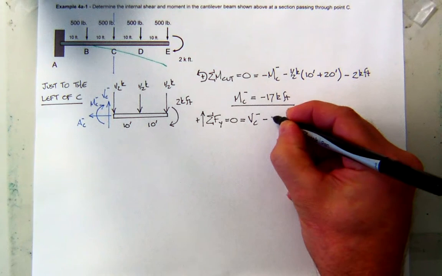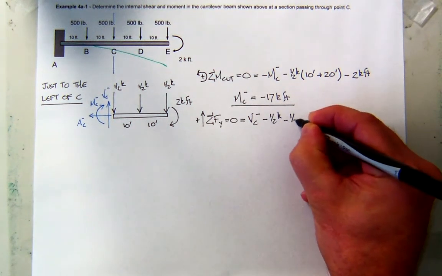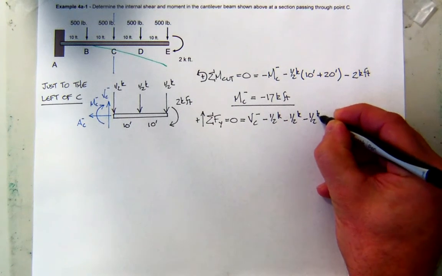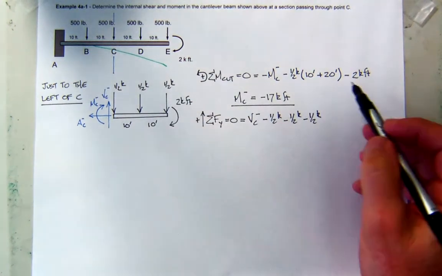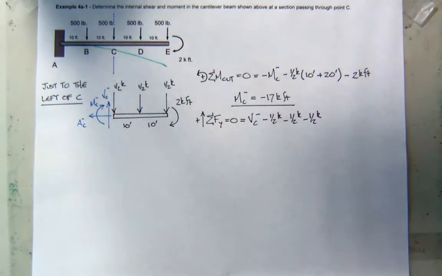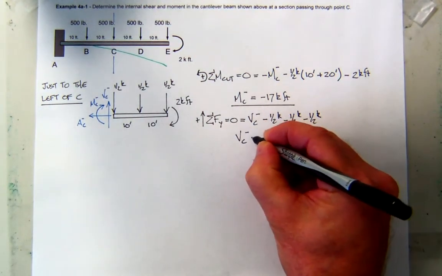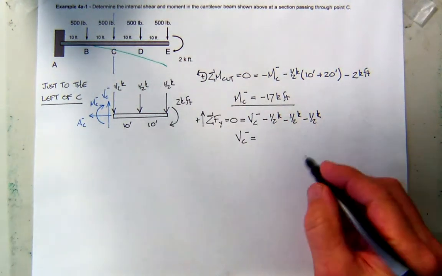So I'll say minus 1/2, minus 1/2, minus 1/2. I could have easily added them together, but I'll just do it this way. And that's it, right? Because I don't add moment into a sum of forces, and I've already accounted for it here. So I should be able to solve for the shear. And what is it? Looks like it's positive 1.5.